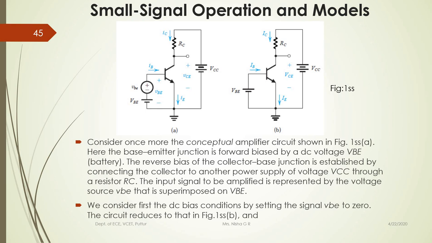The emitter base junction should be forward biased and the collector base junction should be reverse biased. To make that, I am providing the DC voltages here. The plus terminal is connected to the base and negative to the emitter. Since it is an NPN transistor, the emitter base will be forward biased. The collector base will be reverse biased because the collector, the N region, is connected to the positive potential and negative is connected to the emitter.